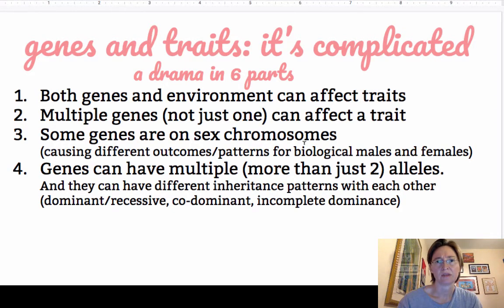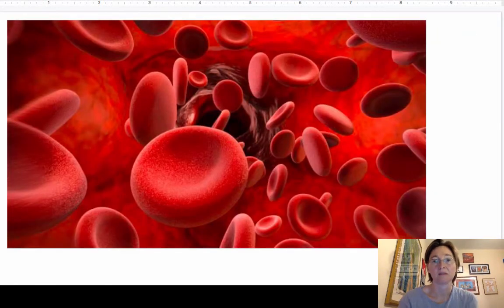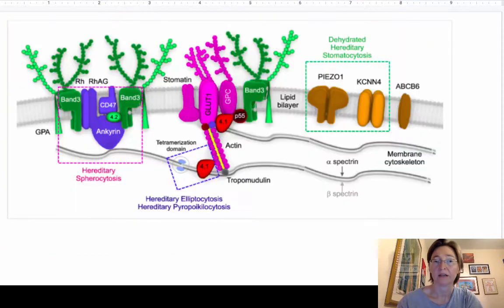So this makes things really kind of complicated, but also kind of cool. The example that is most relevant to us, I would say, is blood type. So here's some red blood cells. Your red blood cells have a cell membrane made of a phospholipid bilayer. And so here's an image of red blood cell phospholipid bilayers.